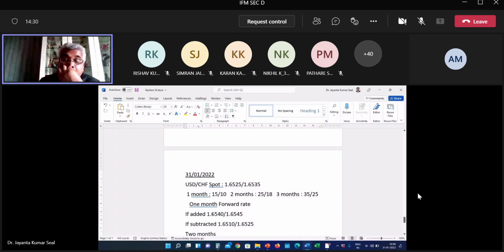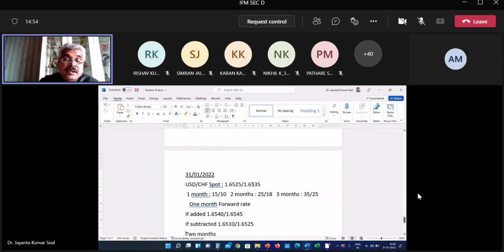The second rule is, as you go further, from spot rate to 1 month, 1 month to 2 months, this bid ask spread must widen. I repeat, as you go further from spot rate to 1 month forward, 1 month forward to 2 month forward, this bid ask spread must widen. So what is the bid ask spread? Difference between ask rate and bid rate.